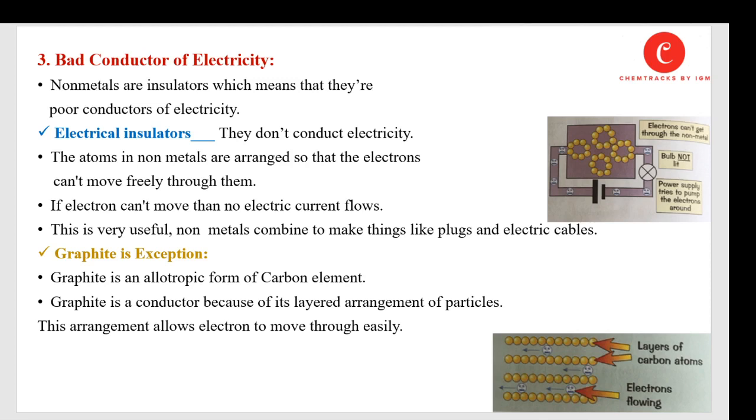Yes, you can see from the diagram, the layers of carbon atoms are arranged so they have some space, or a way for the free movement or flowing of electrons. So graphite can conduct electricity, and this arrangement allows electrons to move through easily. So we can say that graphite is an exception from the common rule of all non-metals.